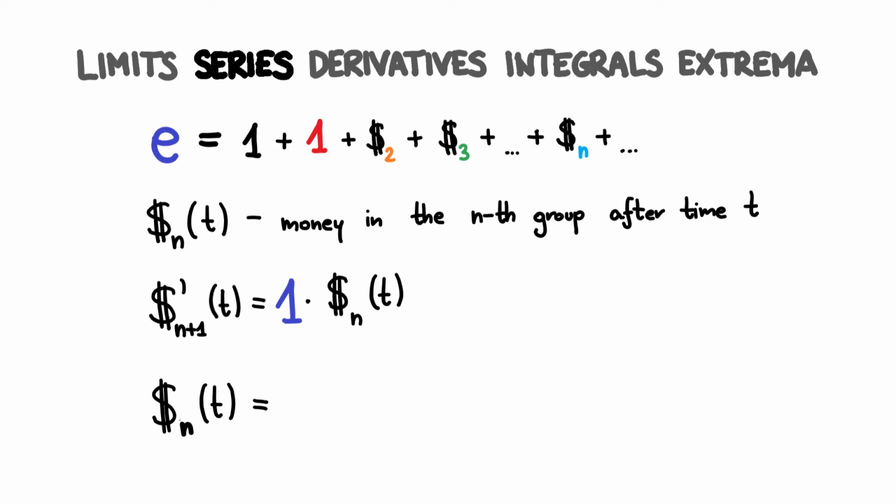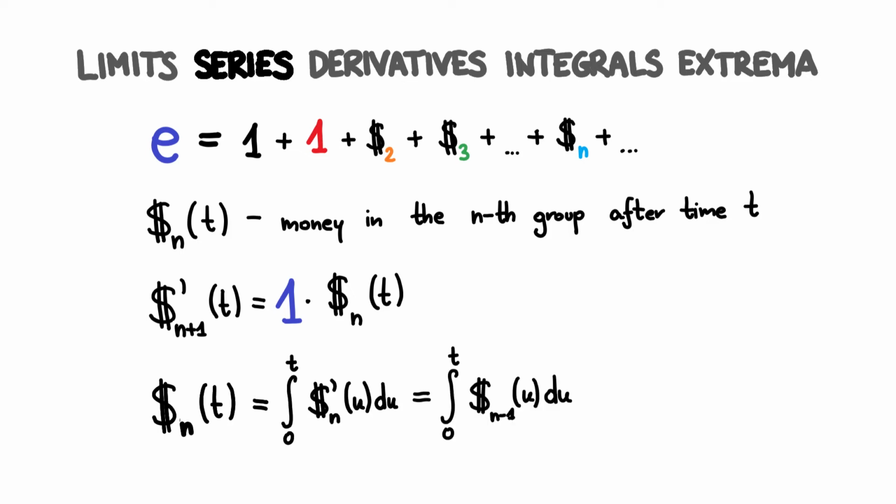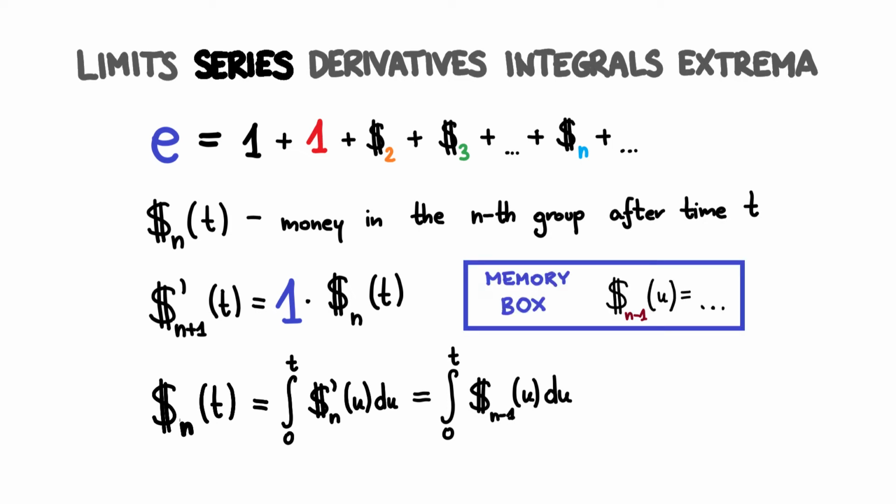For larger values of n, we can proceed inductively using the Newton-Leibniz formula and the proportionality rule described above. In each step, we use the values computed previously. Thus, a memory box like this will be helpful.